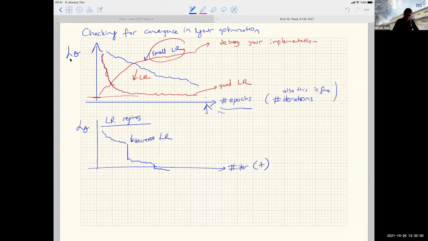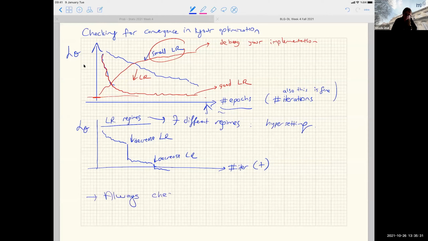You have different regimes, and again, decrease LR, etc. This is also, in a way, a hyperparameter, right? Fixing this is a hyper setting. So my advice from here is always check your loss curves. Check your loss curves. Okay.